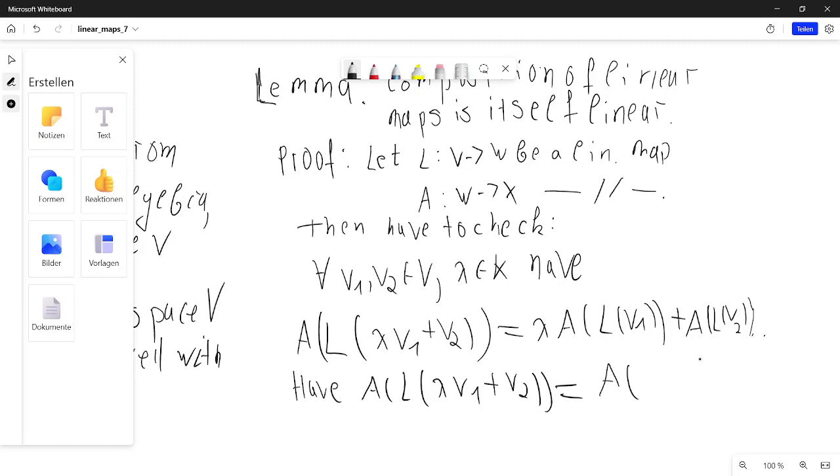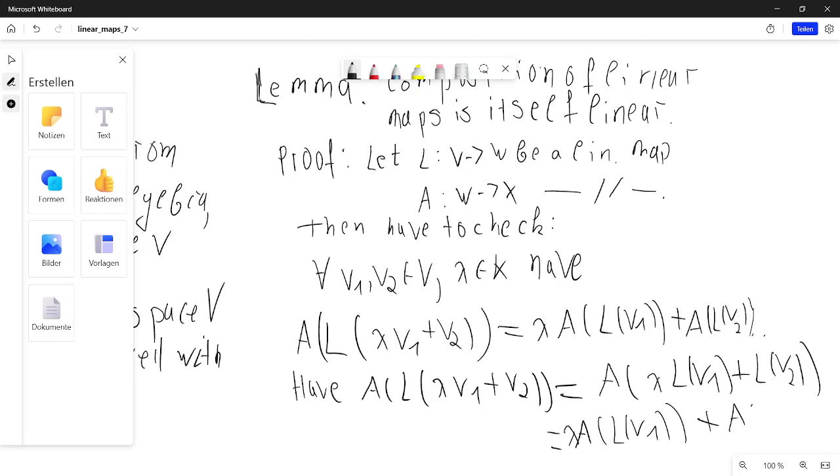But let's just state it generally. So I'm applying linearity of L, and then I'm applying linearity of A, with the elements v1, v2. And this is already proved. That was easy, right?